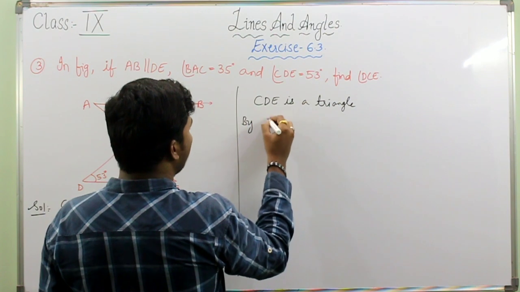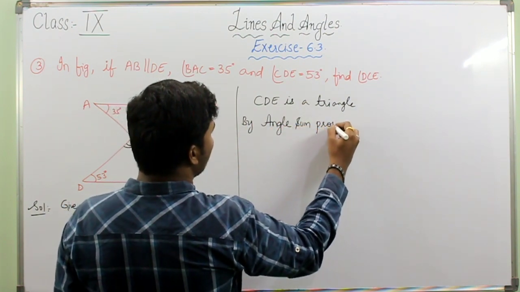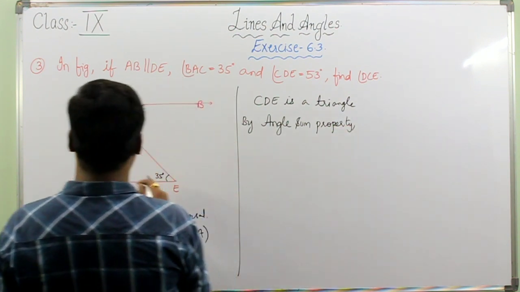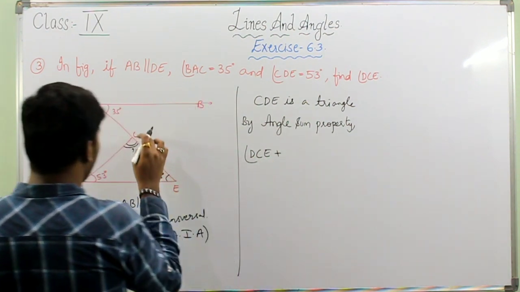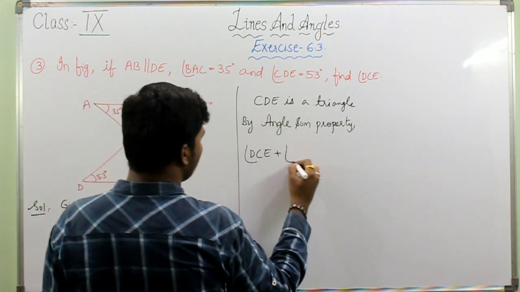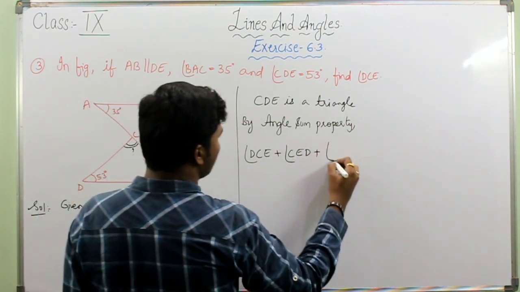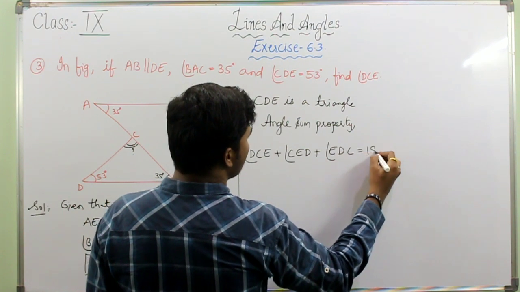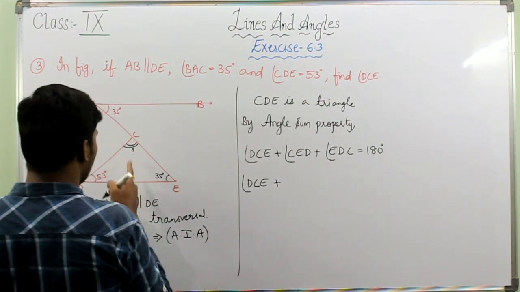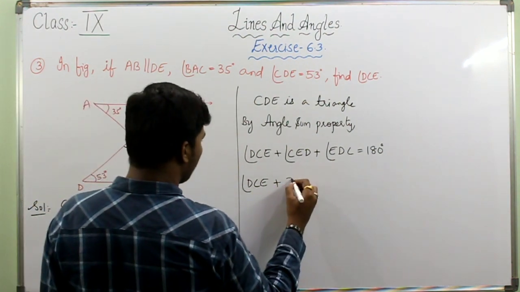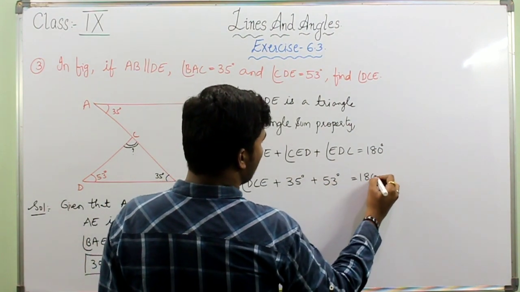So by angle sum property, we can write DCE plus CED plus EDC is equal to 180 degrees.